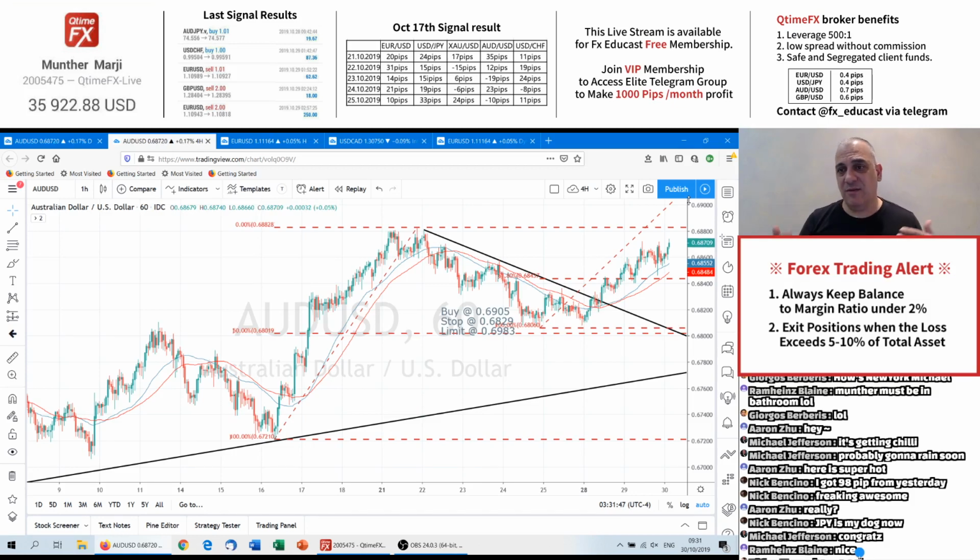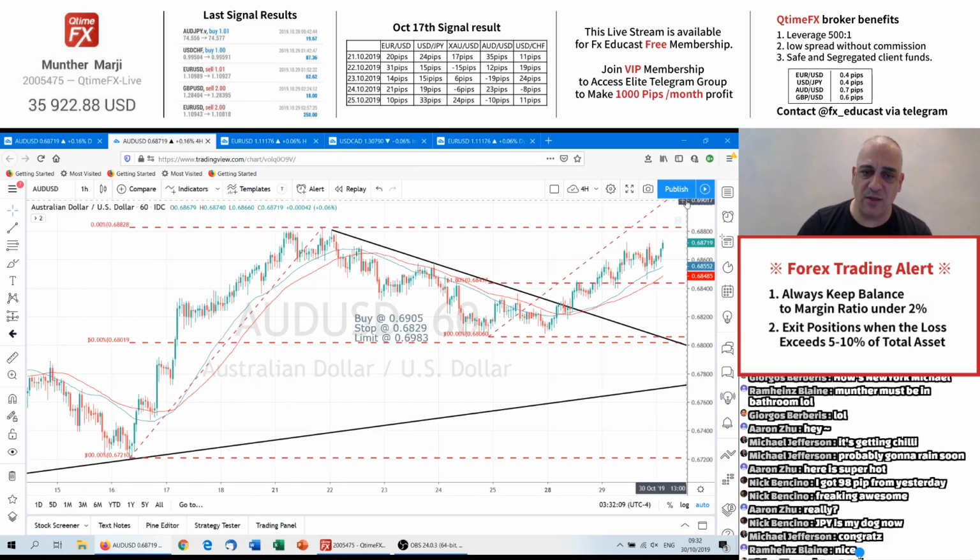So we cannot. I really don't like to do anything in the middle. Either on the break of the trend line, which of course we missed because it was a couple of days ago, or on the break of the next resistance area or level, which is 68.95. That means 10 pips above it, 69.05, we get in.